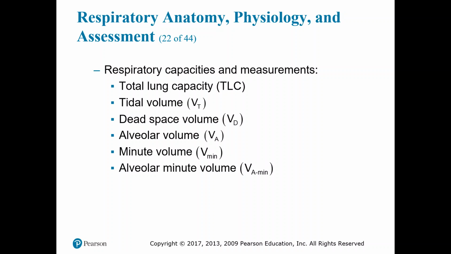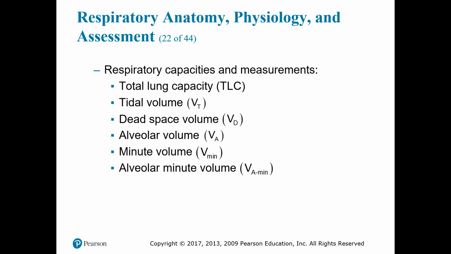So we would have tidal volume times the respiratory rate. The alveolar minute volume is the amount of gas that reaches the alveoli for gas exchange in 1 minute. All these formulas are in your book.